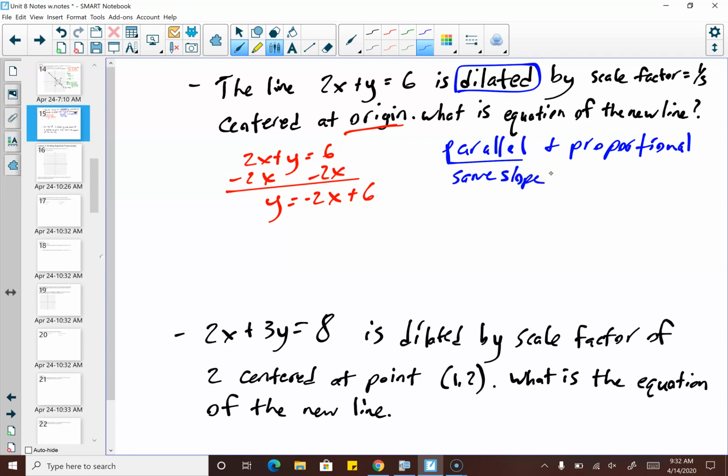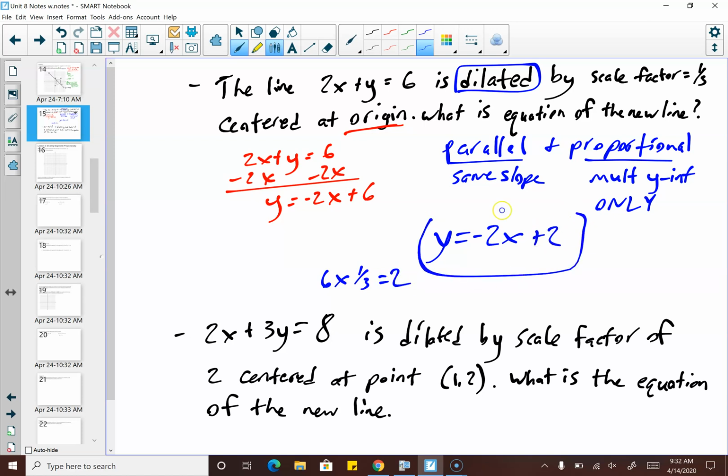Now, if it's parallel, we know that means they have the same slope. So therefore, we know the equation of our new line is going to be y equals negative 2x because our slope has to stay the same. And now the only thing you're going to do is multiply the y-intercept only. Okay, so if you do 6 times 1/3, you get 2.